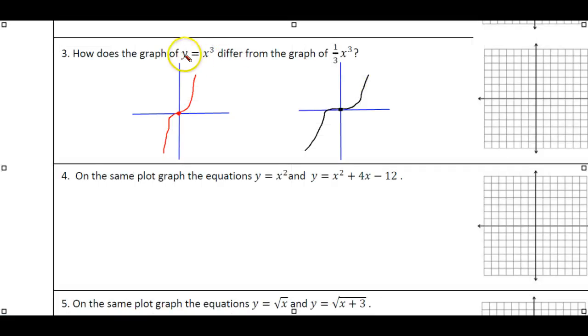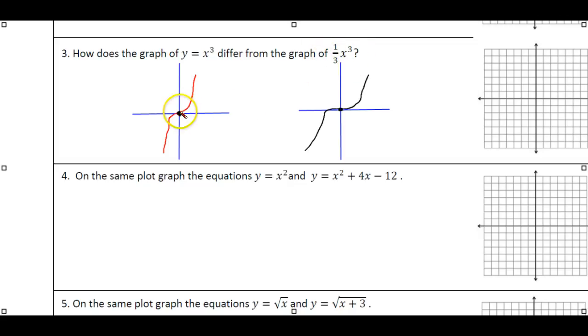Now in example 3, we're getting the function y is equal to x to the 3rd power. We get this particular shaped graph. Again, it's going through the origin right there. And comparing this graph to this graph, this is 1/3 x to the 3rd. And again, we're wondering what happens here.